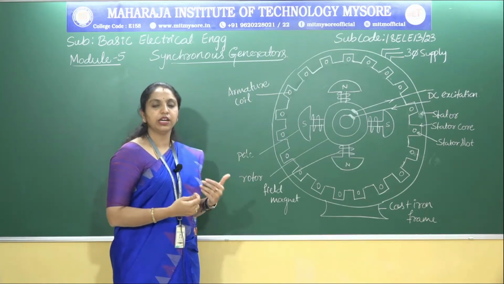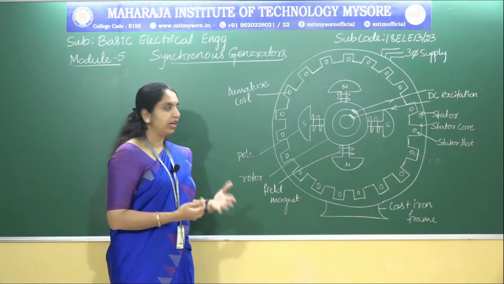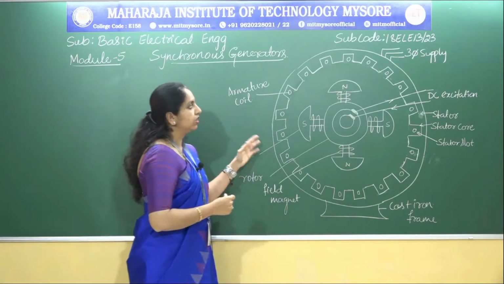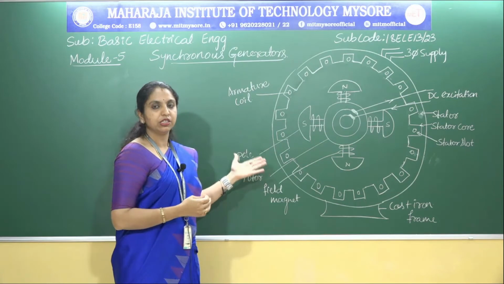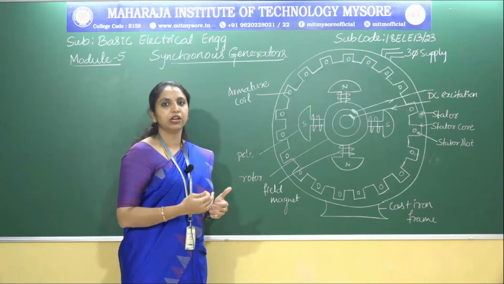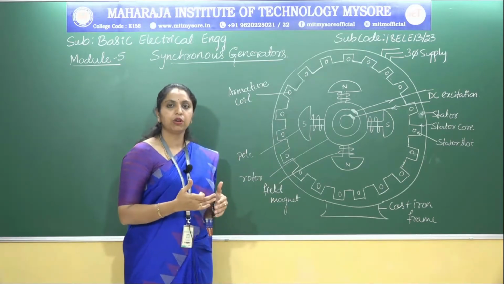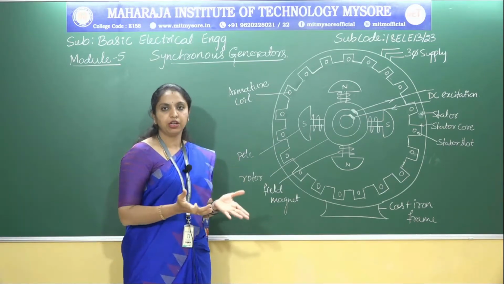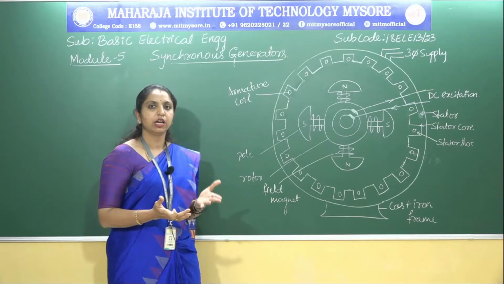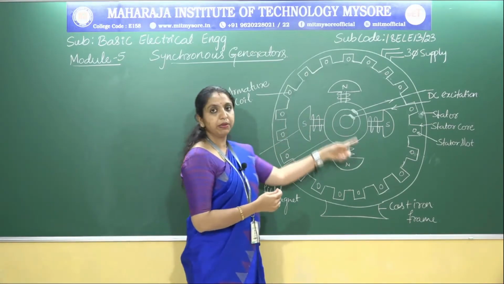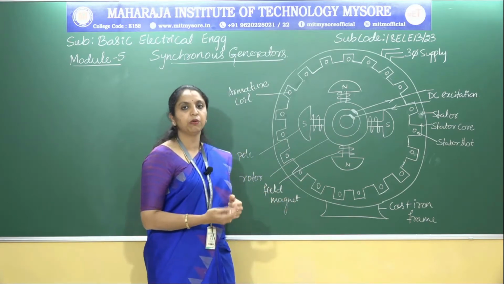And to reduce the eddy current loss, the core of the stator is made of laminations, insulated from each other. These laminations are stamped out on a complete ring for small machines and segments for large machines. And here these stampings have uniformly distributed open slots.